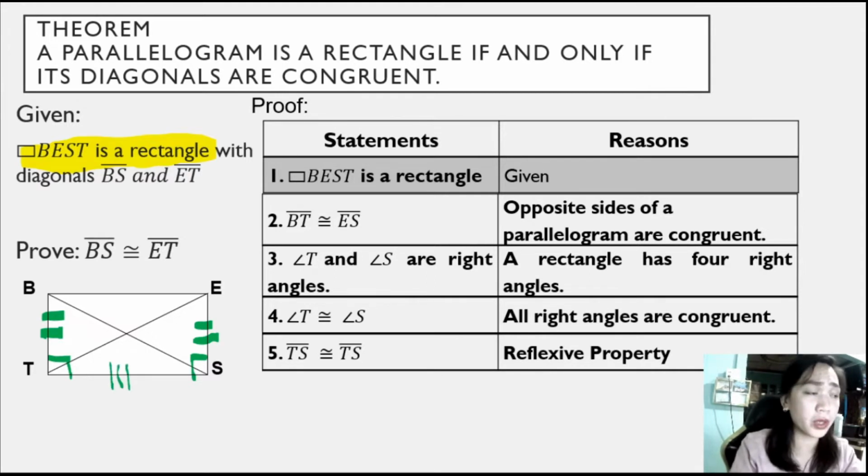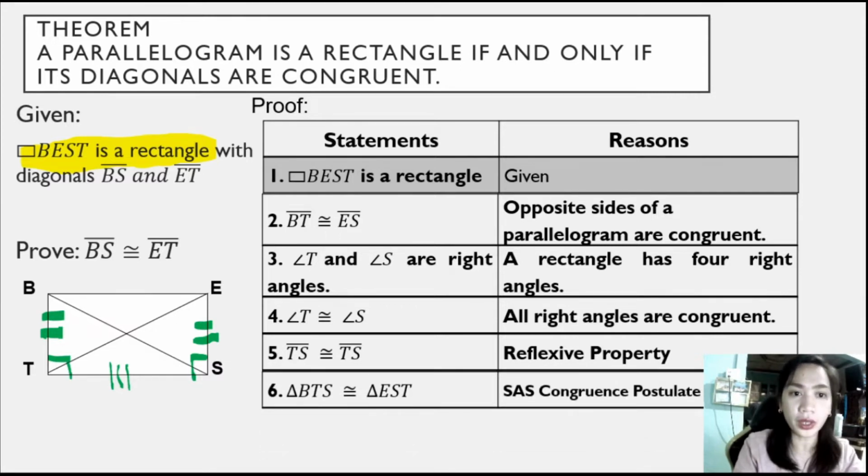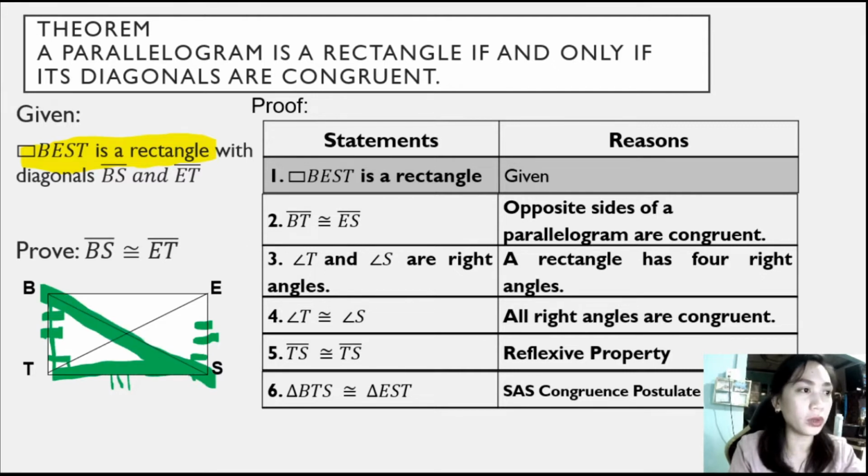If you observe, you have the given side, the angle, and the side. Therefore, you can use the SAS Congruence Postulate, or the side-angle-side. So you can say that triangle BTS is congruent to triangle EST.